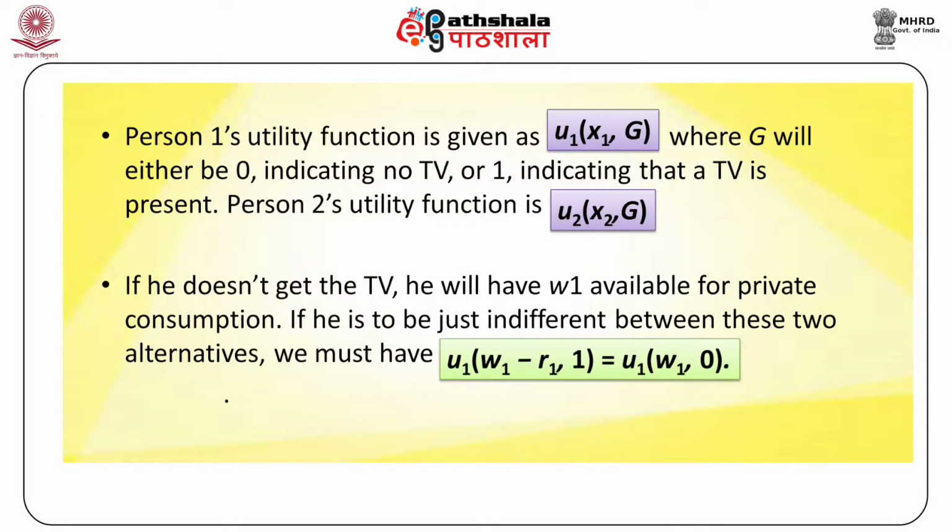If person 1 pays the reservation price and gets the TV, he will have W1 minus R1 available for private consumption. If he is to be just indifferent between these two alternatives, we must have U1(W1 minus R1, 1) equal to U1(W1, 0).